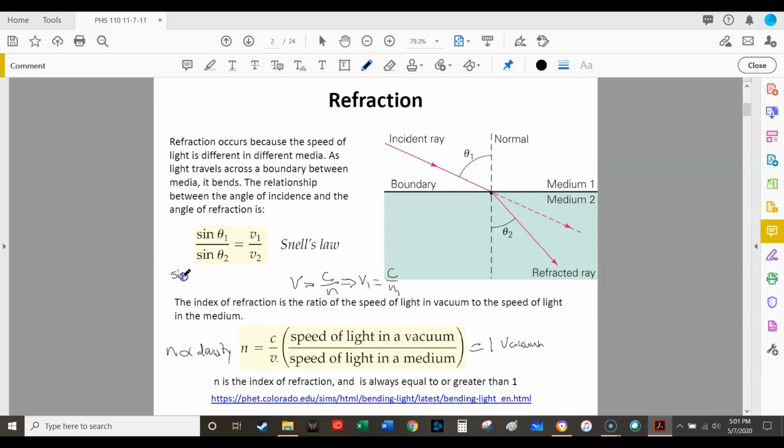Snell's law for sine of theta 1 is equal to v1, which is equal to c over n1, divided by sine of theta 2, which is equal to v2, which is c over n2.